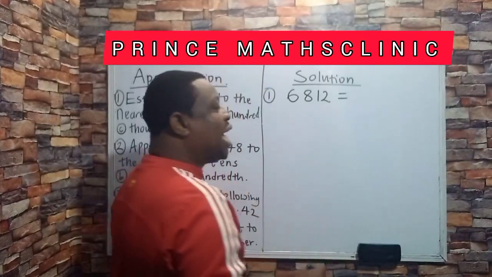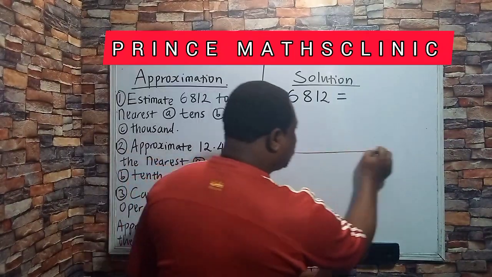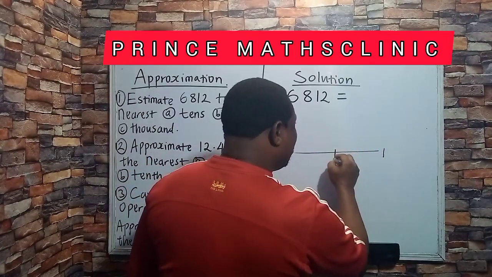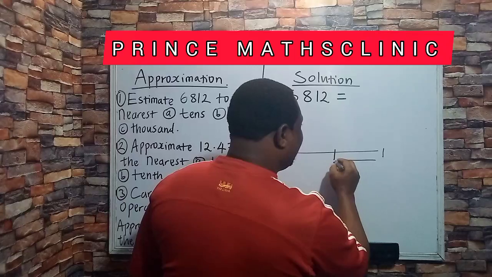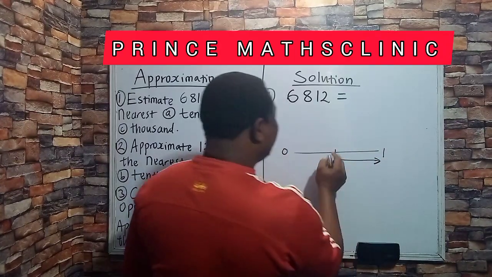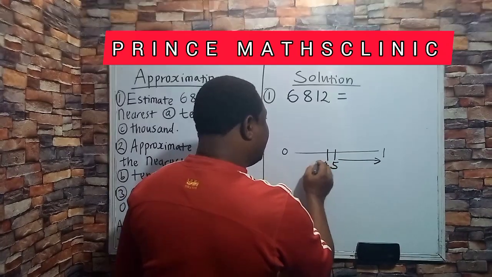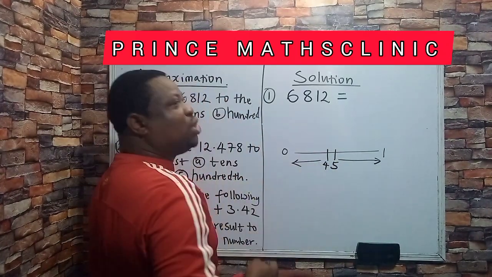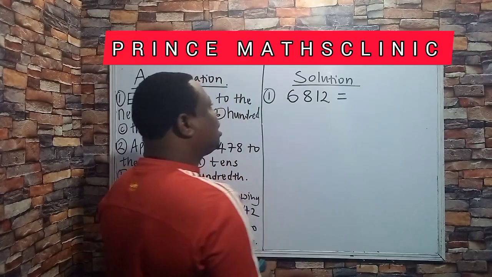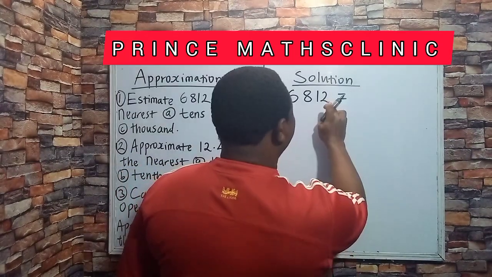Remember, I told us last week that we have just 2 numbers when we estimate. It is either 0 or 1. Any number 5 and above is rounded up to 1. Any number 4 and below is rounded down to 0. Hope you still remember. Good. Now, in this case, the number we have here is just 2.